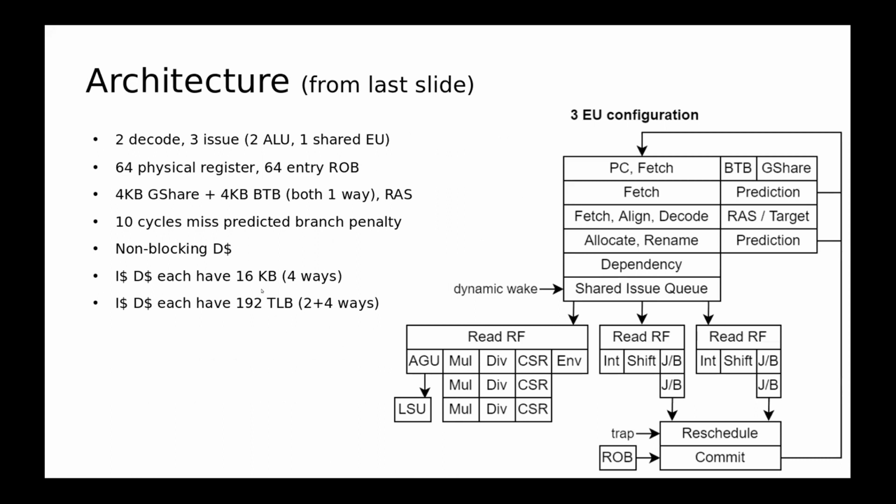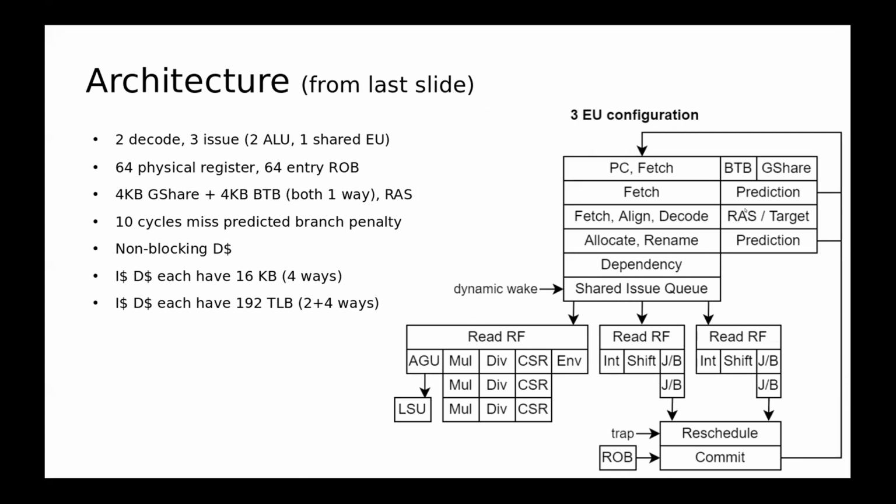The architecture, so yeah, I will not dive much into it. It's just for reference. In general, the core is configured with 2 decoders working in parallel, 3 execution units, 2 general purpose ALU, and 1 shared execution unit for everything special, like load, store, multiply, divide, and so on. The core does register renaming, generally configured with 64 physical registers.